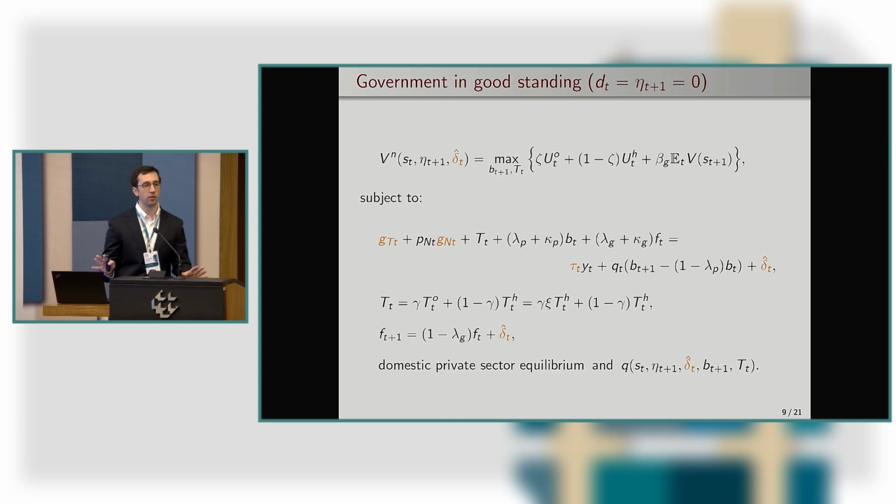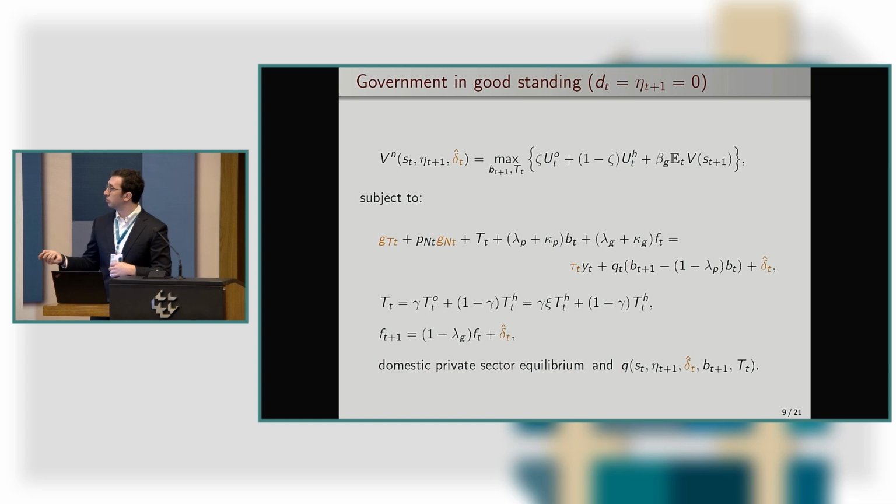So here is the government's problem. This is the government that has decided not to default and is in good standing, has access to markets. It's going to maximize some weighted sum of the flow utilities to the two types of households plus this continuation value. In its budget, you see government expenditures, total transfers, total debt service. Those are all the expenditures, and then the revenues are tax revenues, net revenues from debt issuance, and any flow of bailout loans.